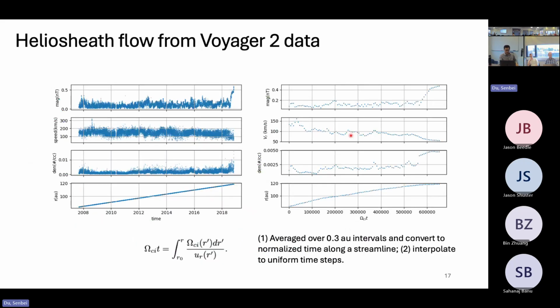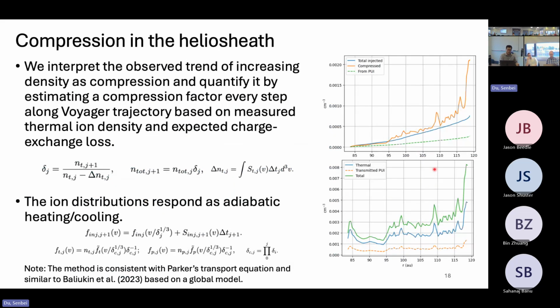For the Voyager data, we did some averaging and interpolation and converted it to time along the streamline. Then we noticed that there's an overall increasing trend in the density. That's the third panel here. We interpret that as a compression in the heliosheath, and we can quantify this by a compression factor that's estimated from the observed density by Voyager and the expected charge exchange loss.